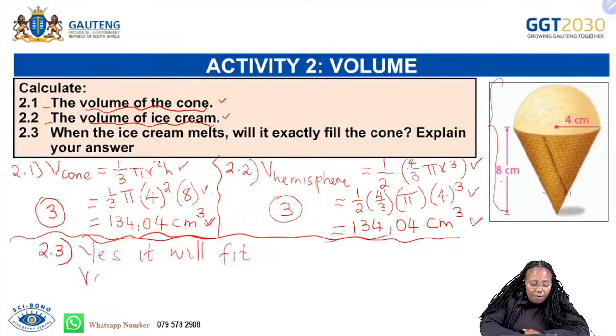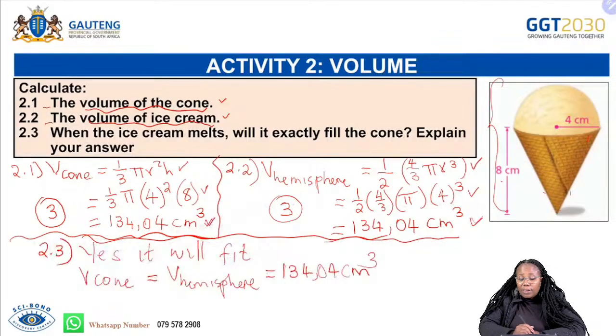The volume of a cone is exactly equal to the volume of the hemisphere, which is equal to 134,04 cubic centimeters. Hence our conclusion. Then this will be 2 marks, 1 for the yes, and 1 for supporting your statement, grade 12. So number 2.3 is worth 2 marks.